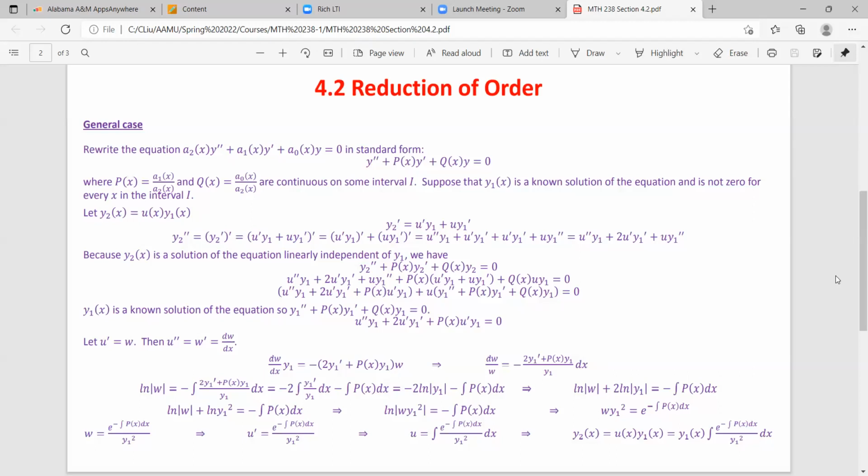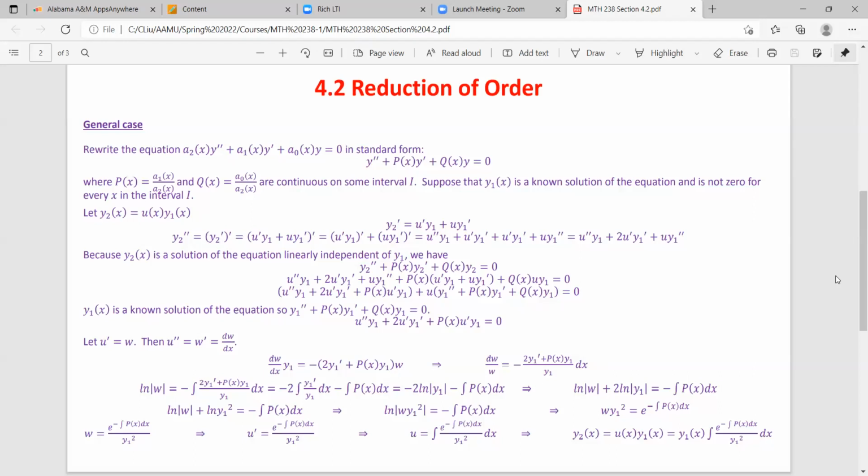So plug in everything related to y2. And then we're going to group the terms. We got 6 terms. Basically, if you distribute the p in the second part, you get p times u prime y1 plus p times u times y1 prime.